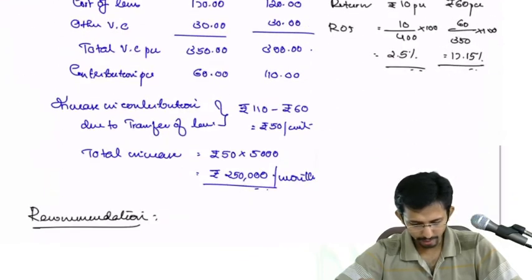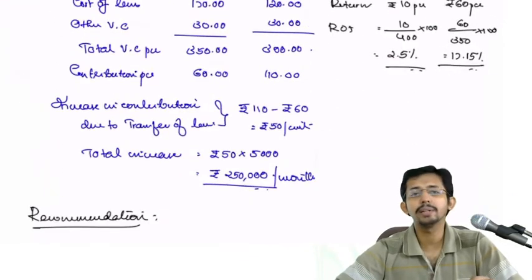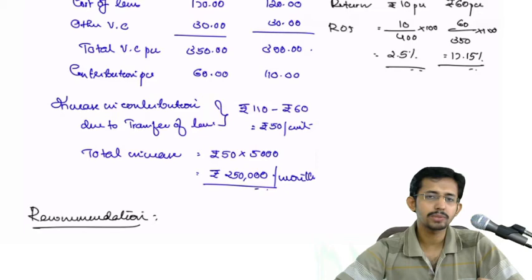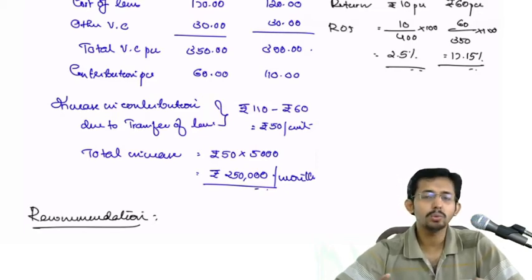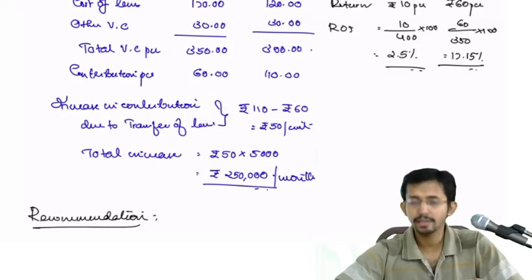Will increase by rupees 50 per unit, and rupees 2,50,000 in total per month.